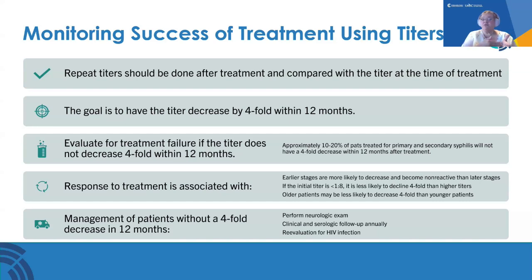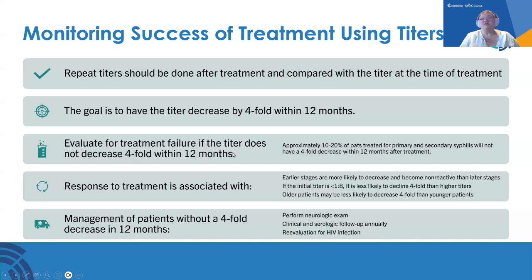And we want to also make sure they're not having any headaches or visual problems or ear problems. For those who are not living with HIV, we're going to re-titer them at 6 and 12 months. And usually by 12, we can see the fourfold decrease that we want to see.